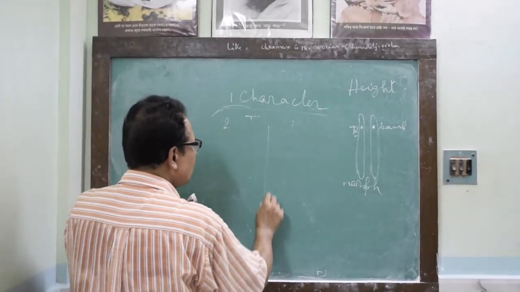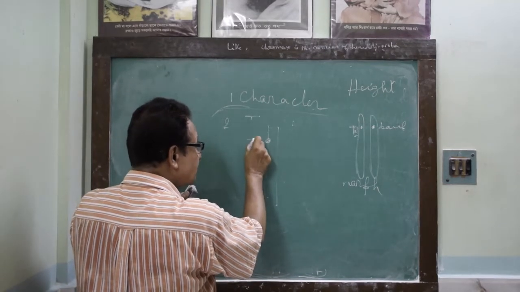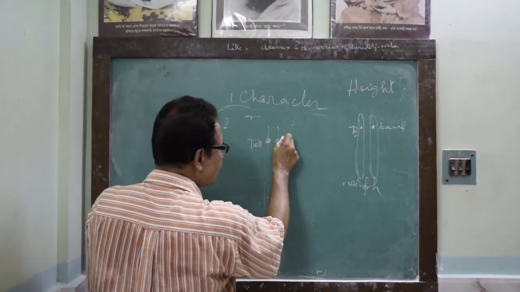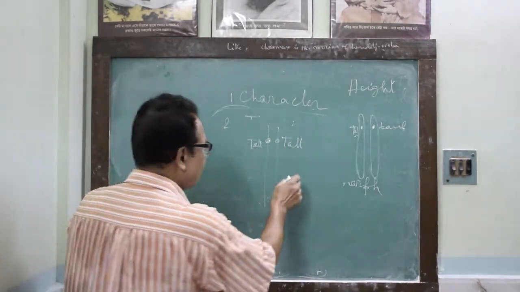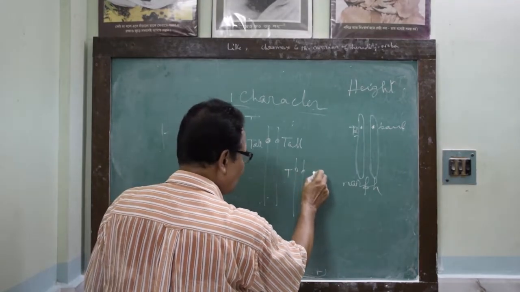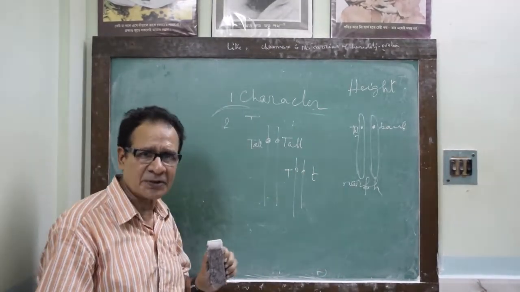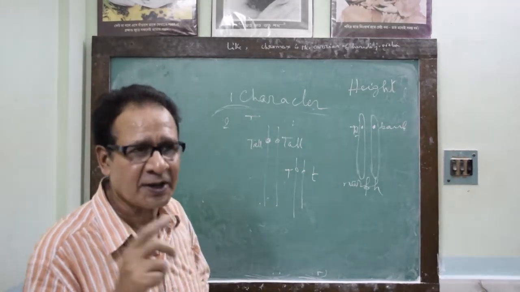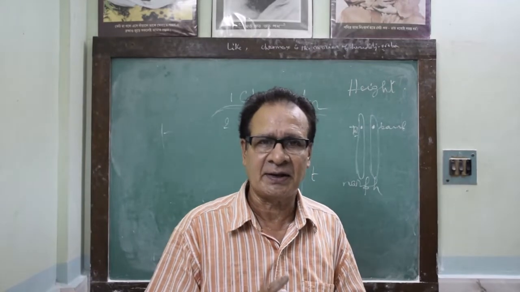That is, in a homologous pair, in this position there is the tall gene, and in this position there is also the tall gene. It may also happen that there is a tall gene and a dwarf gene. So both are alleles. The first one is the homozygous allele and the second one is the heterozygous allele.